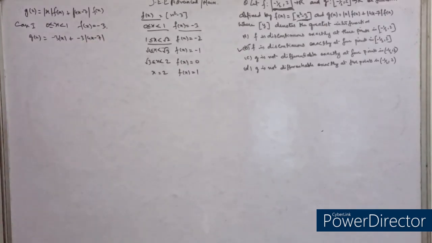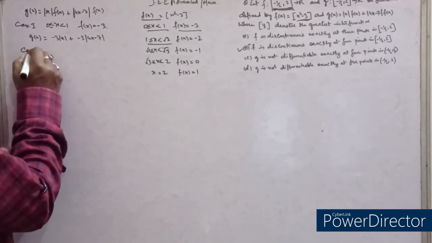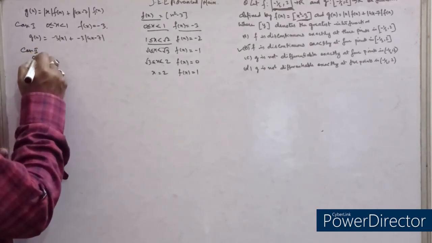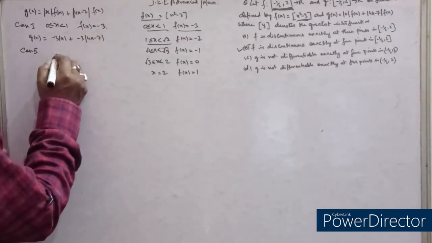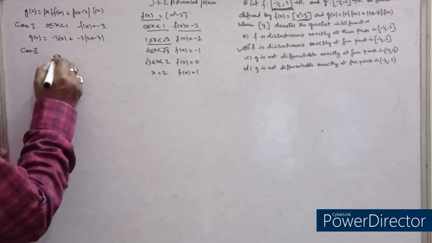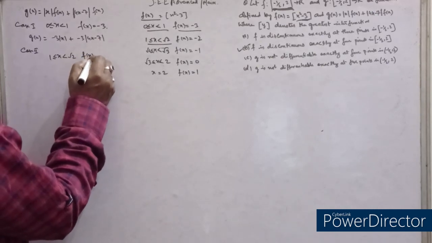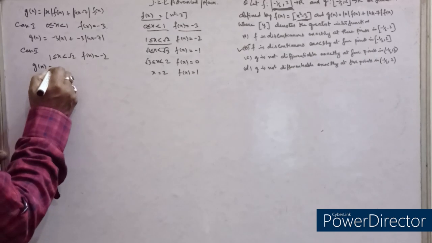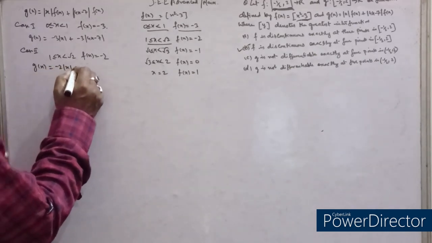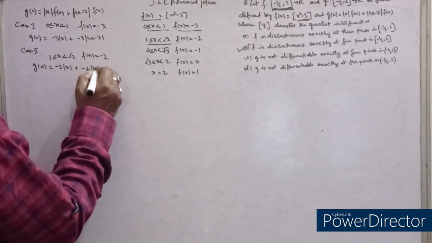Now for case 2, let me write the interval: for x greater than or equal to 1 and less than root 2, your f(x) is minus 2. So here your g(x) will be equal to minus 2 modulus x plus minus 2 modulus of 4x minus 7.